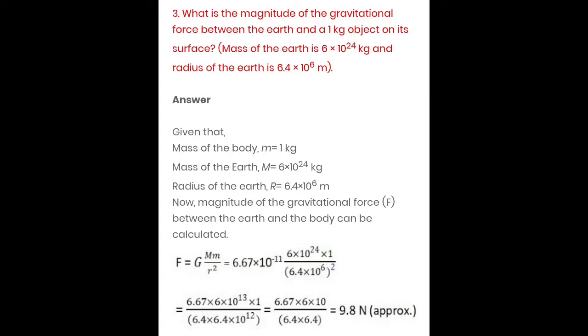Capital M be the mass of the earth, that is 6 into 10 raised to the power 24. Small m be the mass of the body, that is 1 kg. And r be the radius of the earth, that is 6.4 into 10 raised to the power 6. So solve it. After calculation, we get gravitational force 9.8 newtons.